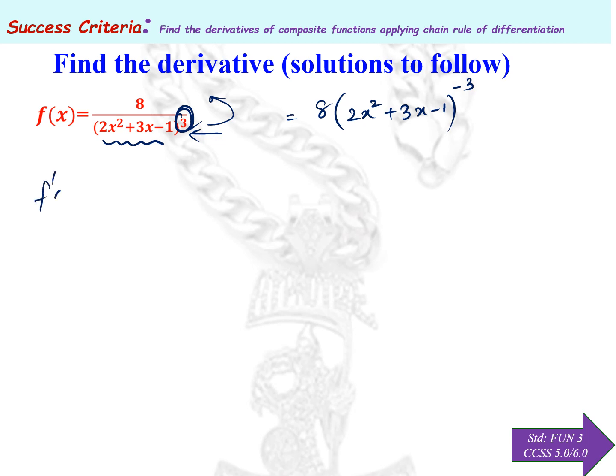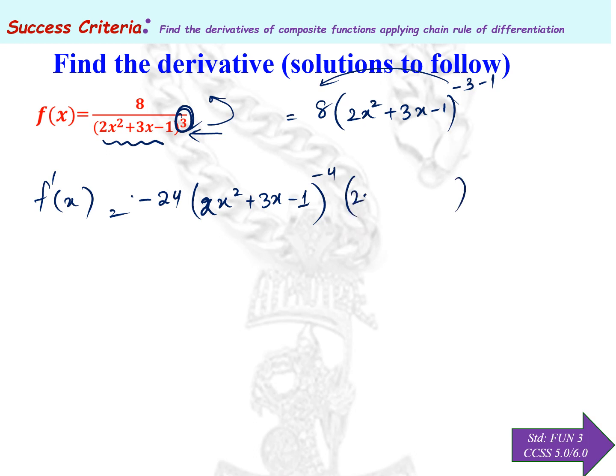Now take the derivative applying the power rule of differentiation. Minus 3 times 8 gives you minus 24. Write the inner function as it is. From the power subtract 1, which means negative 3, negative 1 gives you negative 4. Now write the inner function without any power and put a prime on the top.